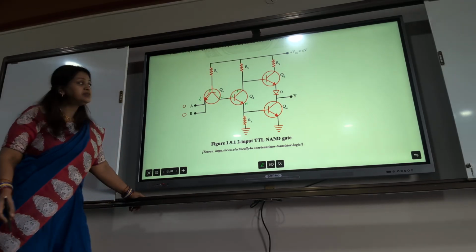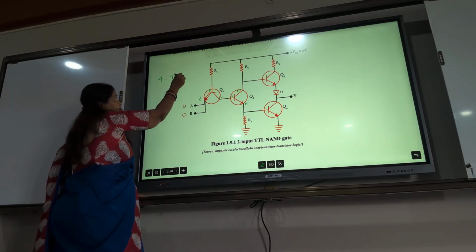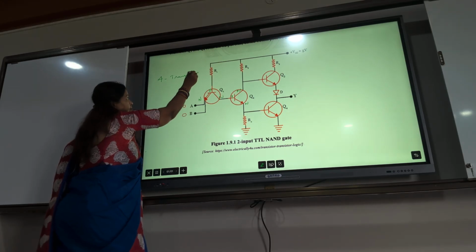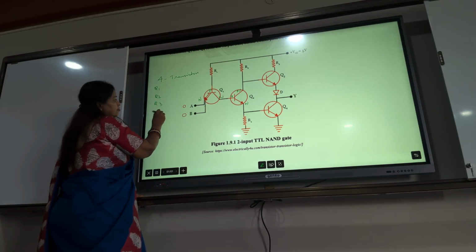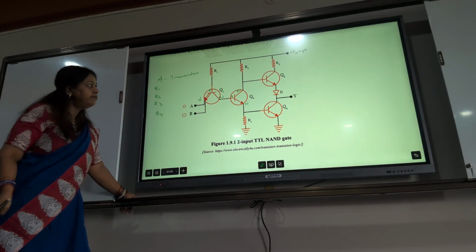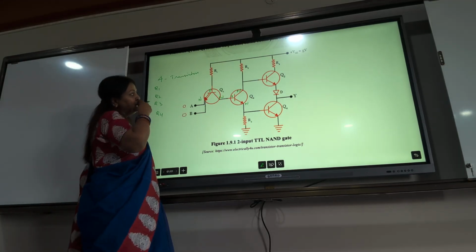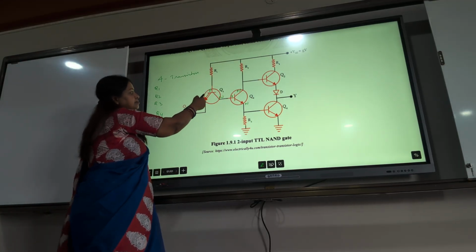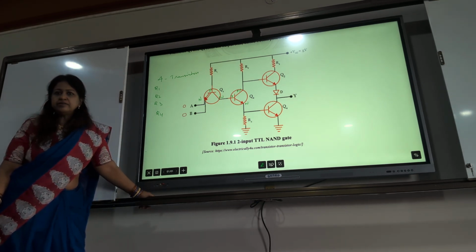We have 4 transistors: Q1, Q2, Q3, Q4. So when this is 0, what will happen? This is high, this is 0. That means there will be a power loss. Right?